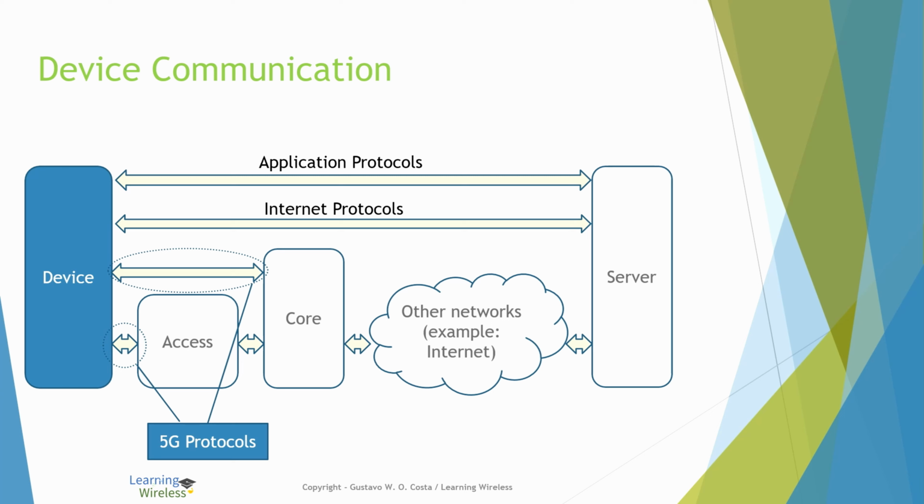So what we actually call 5G protocols, it's the connectivity between the devices and the access network and the connectivity between devices and the core network. But on top of that, to make services, you also need to implement and to be able to connect to the internet. So having internet protocols and application protocols on top of those internet protocols. So that's the way that the device connects to the service typically.